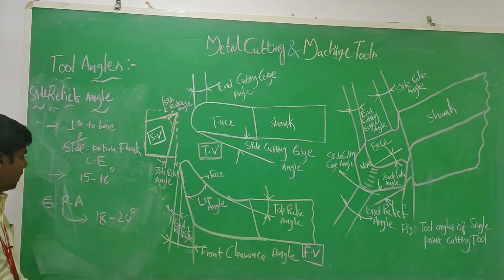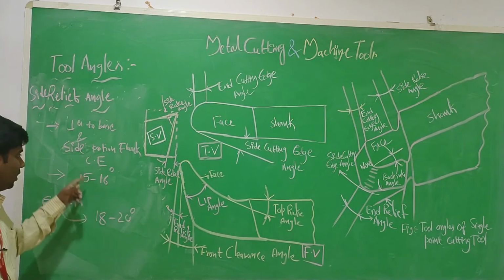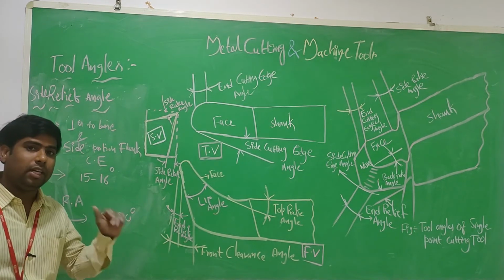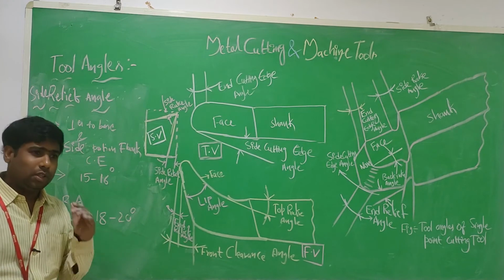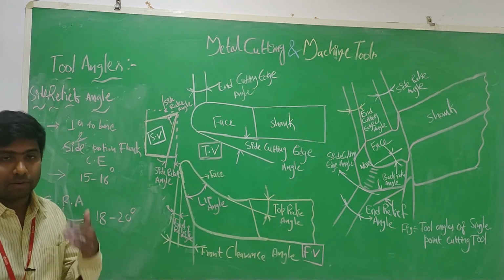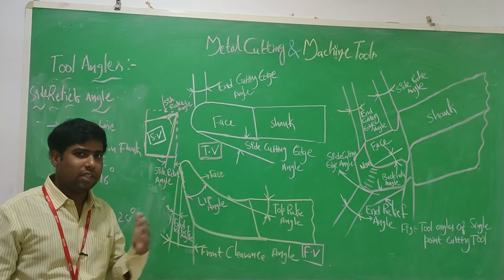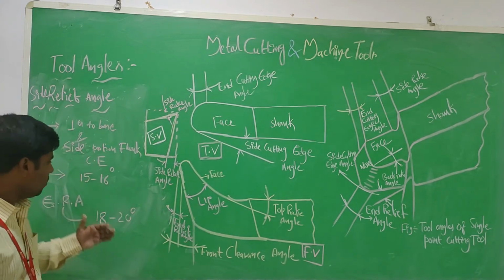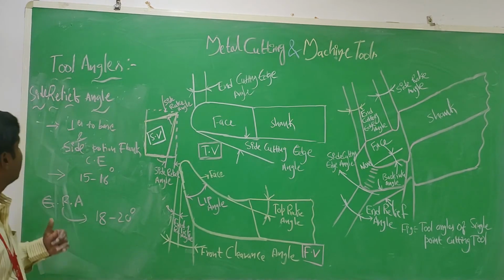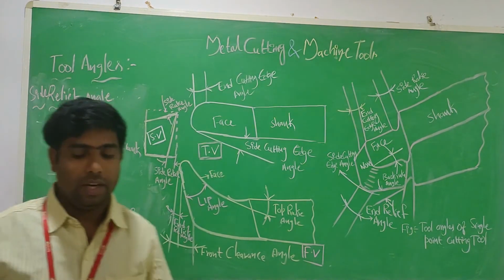Friends, student friends, these values I wrote here according to the American Standard system, the ASA system. These values may change from textbook to textbook, continent to continent, and system to system, such as the British system. So according to the ASA system, I have written these here. These are the different relief angles.